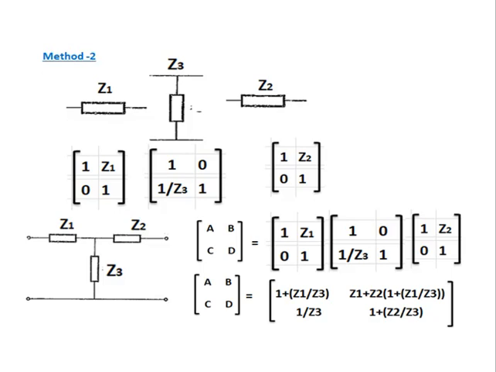Z2 is connected in series. The ABCD matrix of Z2 is 1, Z2, 0, 1. These components Z1, Z3, Z2 are connected in cascade, so the matrices of Z1, Z3, Z2 are multiplied. The total circuit ABCD matrix is the multiplication of these three component matrices. So finally you will get this value.